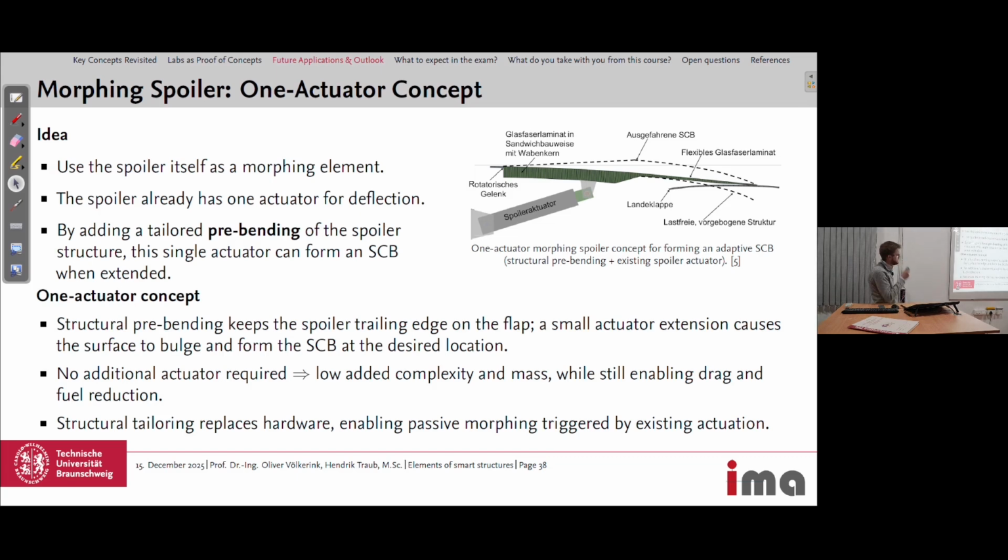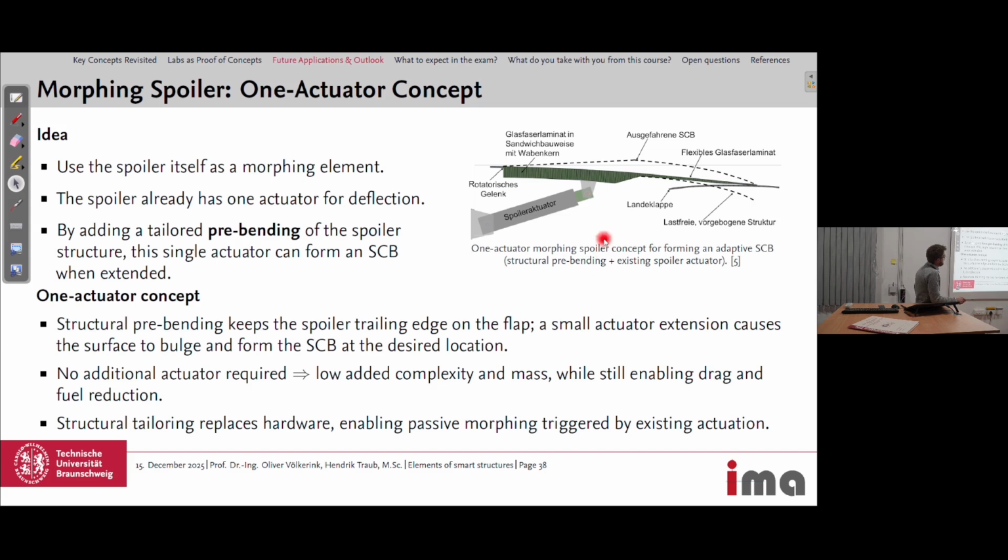How was the morphing element itself designed? They tried to use the existing spoiler, a control surface which could extend like this and then stays here to act as a kind of air brake. They replaced the surface of this spoiler with a pre-bended surface, and with this they could use only the spoiler actuator and did not have to introduce another actuator for the shock control bumps.